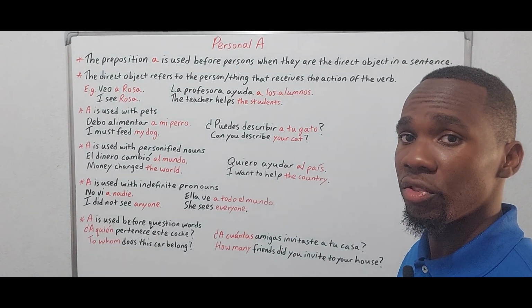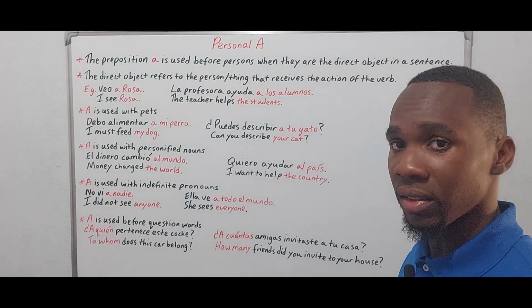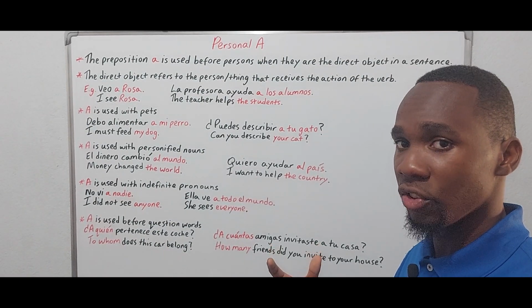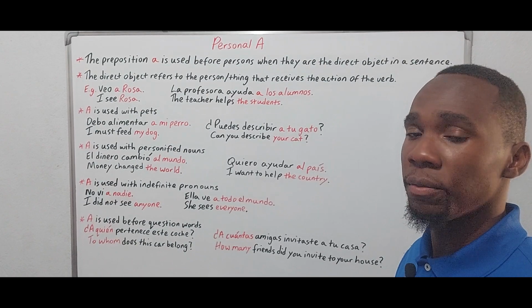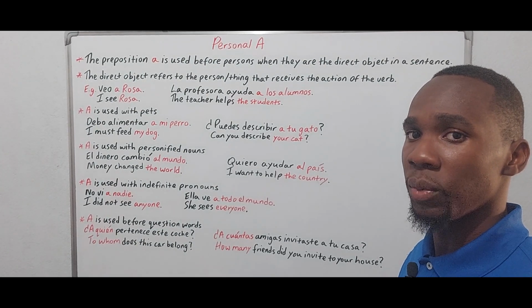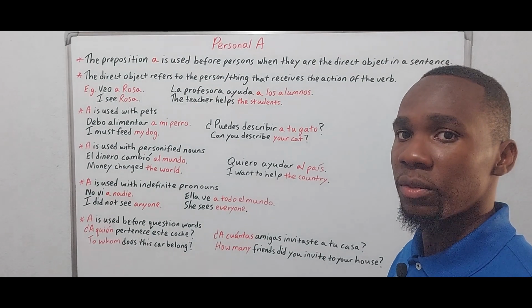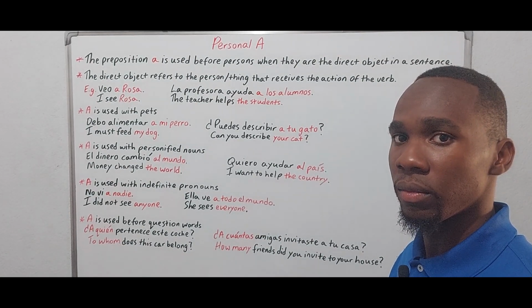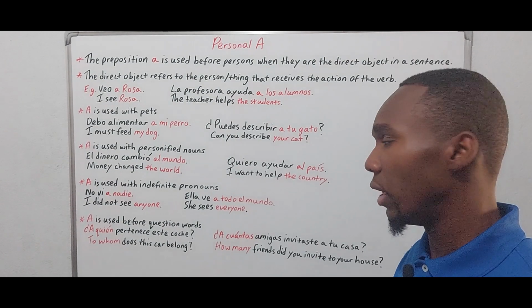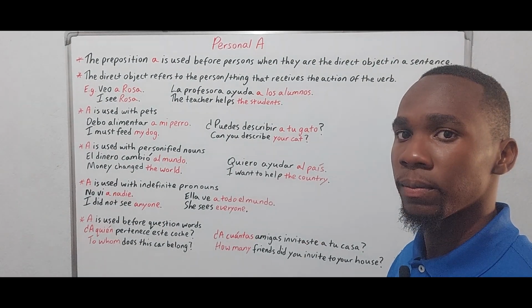We can look at the country as a place, or we can look at the country as a collection of people. So if we use the latter, then we are personifying this particular noun, right? Therefore, we use the personal a.